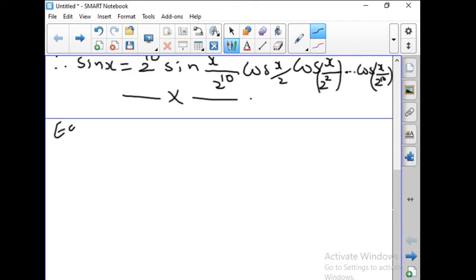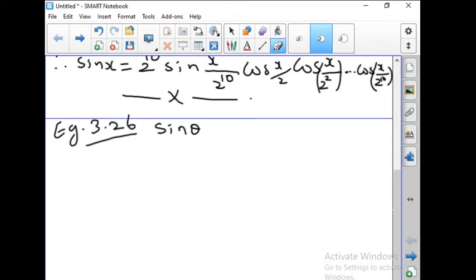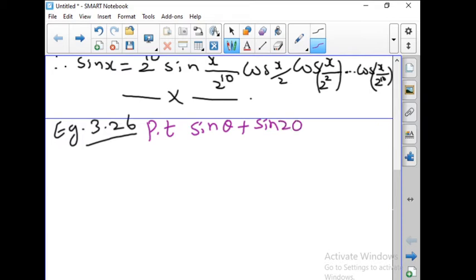Example 3.26. Prove that (sin theta plus sin 2 theta) divided by (1 plus cos theta plus cos 2 theta) is equal to tan theta.